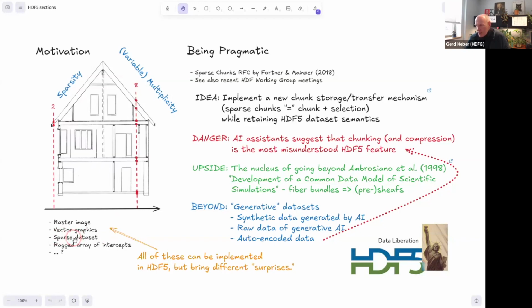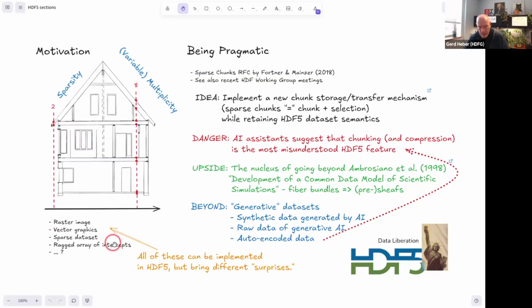Likewise, with sparse data sets, can you come up with yet another optimized sparse format for this type of application? Absolutely. If coordinate storage or compressed row storage or whatever doesn't do the trick, find something that's more suitable for the type of data that you want to represent, and you can represent all that in HDF5 and you'll be good.